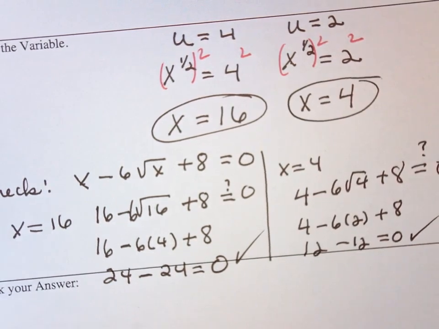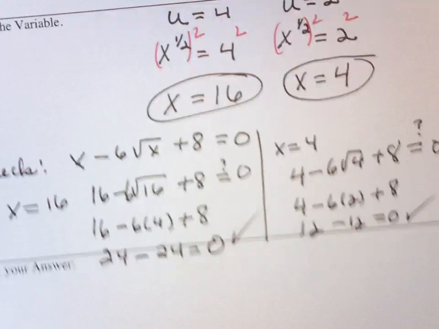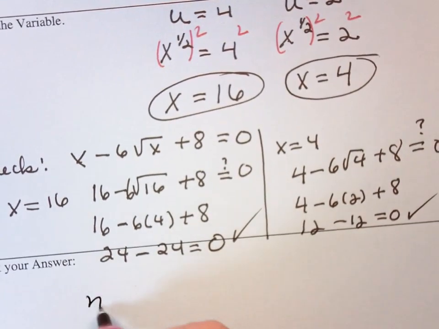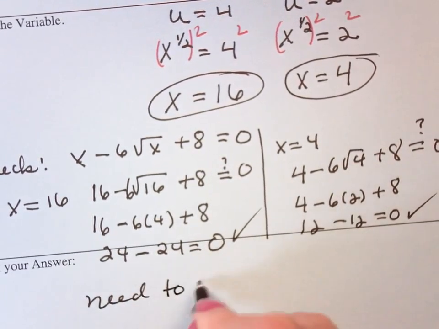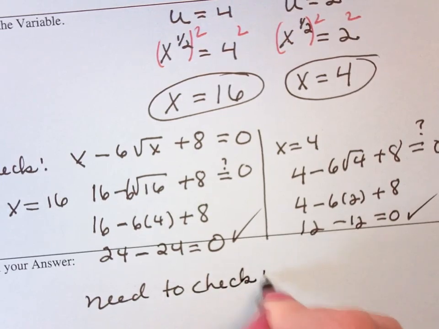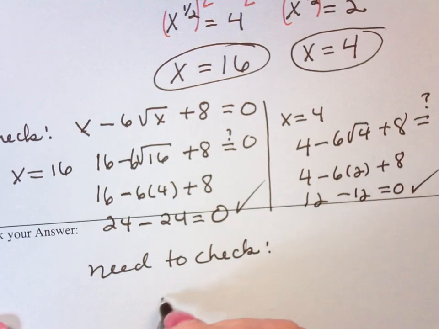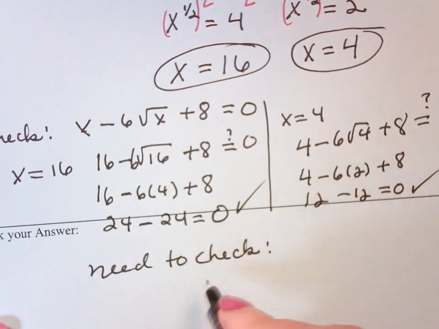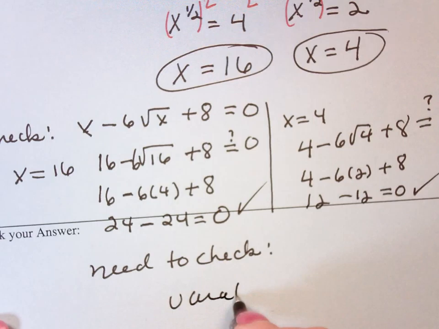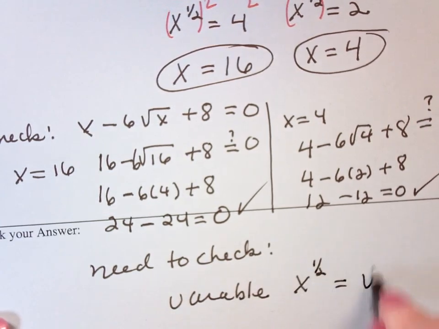And you can say, well, why do I need to check my answers? Well, I need to check in this instance because if I take a look at my variable, I have x to the 1/2, which is the square root of x.